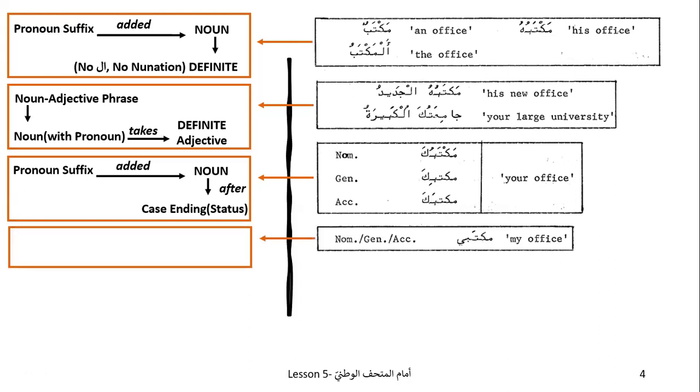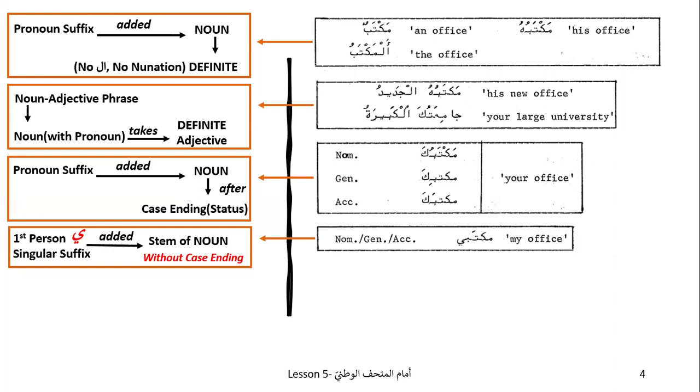However, with the first person singular suffix, i, when that is added to the stem of the noun, you won't see a haraka here. So it is without case ending. Basically, it is hiding its haraka, and you will determine it from the context.